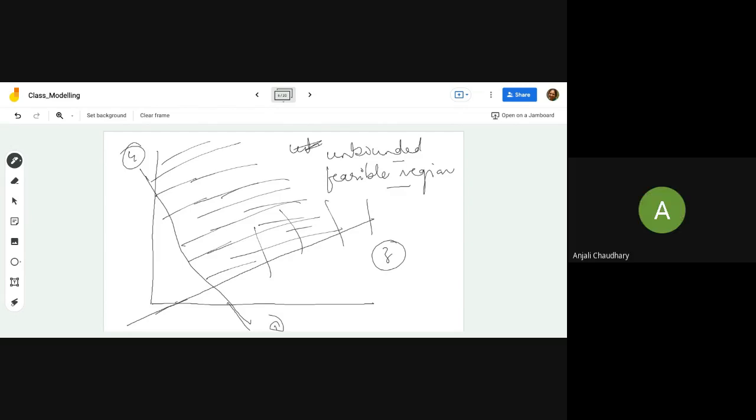Yes. Right. But as Swati said, if it is a minimization problem, then it is possible. Supposing it is a minimization problem.